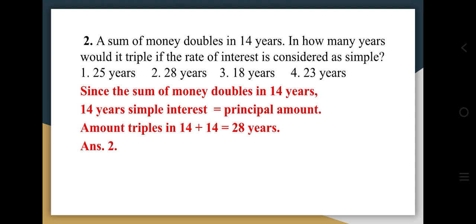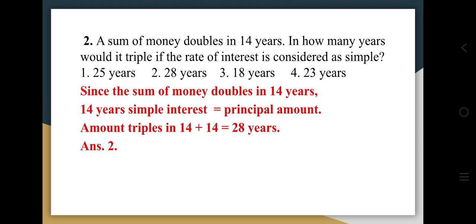So in 14 years, the interest is equal to the principal amount. We are asked in how many years would it triple. So the amount triples when the interest is 2 times the principal amount.